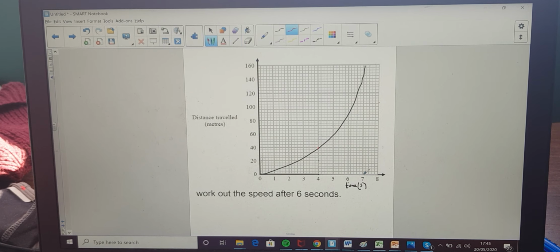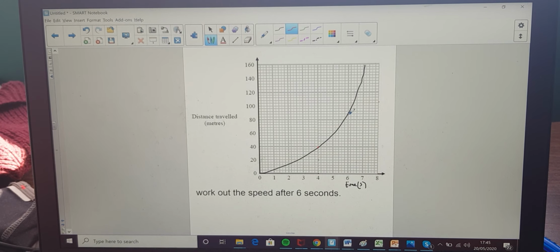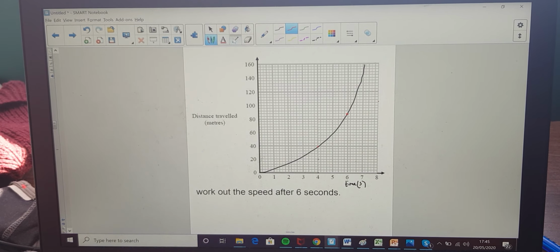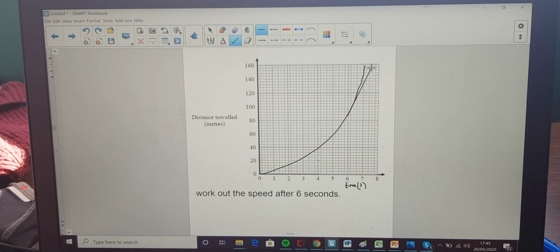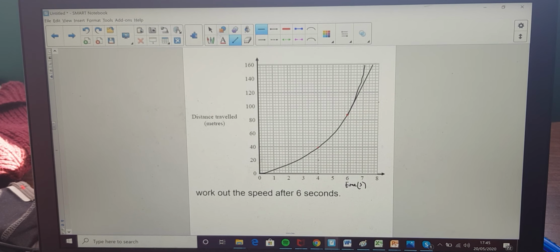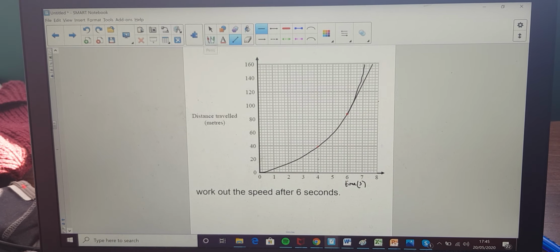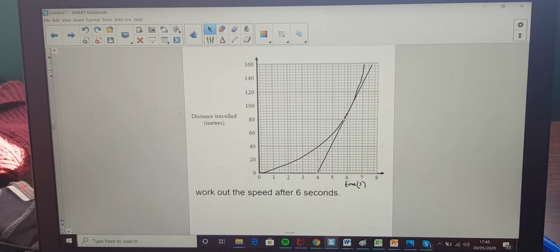I'd go to 6 seconds, so 6 seconds is here. I'd draw a point, then I'd draw a line, I would extend it out. And extend it out. And then I would work out the tangent of this, the gradient of that tangent.